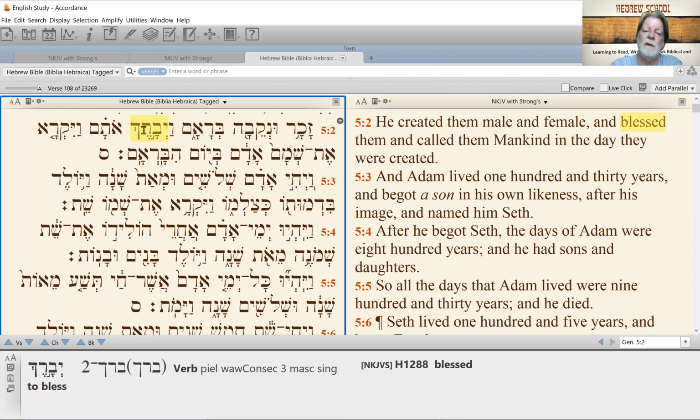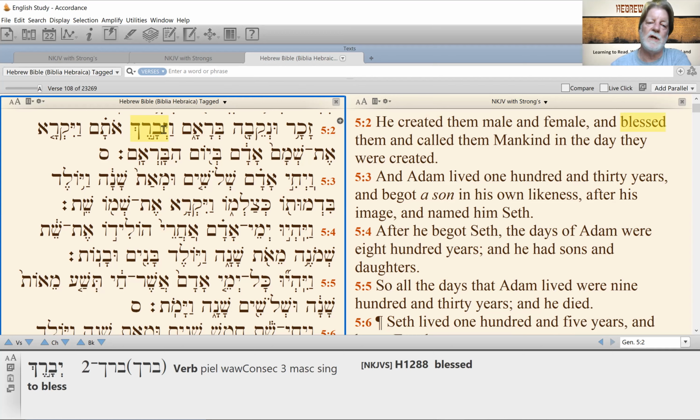The piel verb stem is intensive. So I guess you could say God gave them a really intense blessing, which is kind of cool. But grammatically, it's really hard to tell the difference between a kal and a piel. But since it's piel, it's just a reminder to us that this is an intensive act of God.